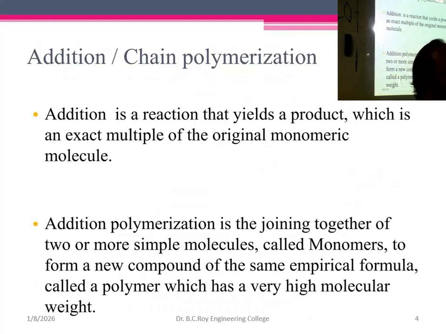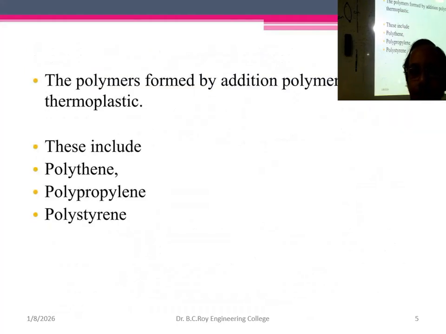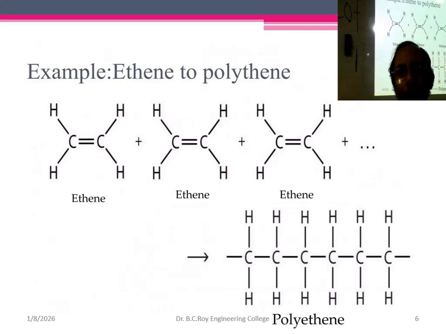That's why it is called chain growth. Chain is growing, long chain is forming. Polythene, polypropylene, polystyrene as examples. You can understand it here quite clearly. Ethene and ethene forming a polythene.